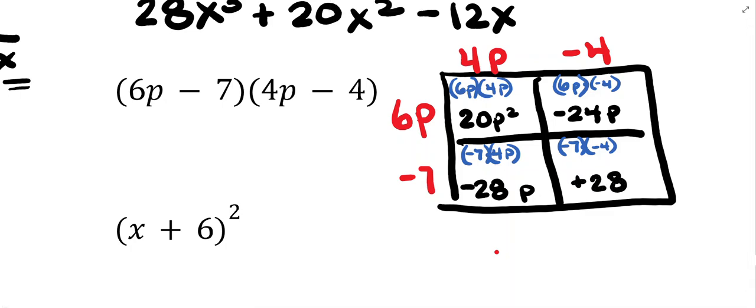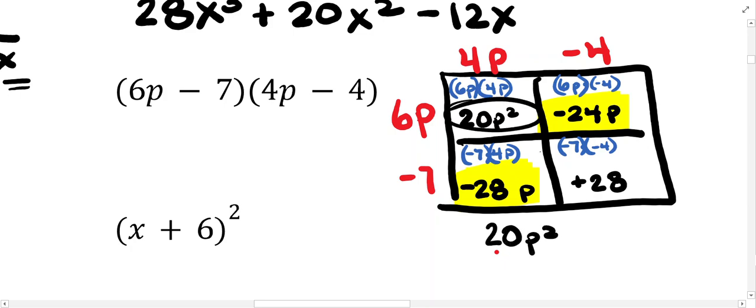The only ones that are like terms are going to be these two. So your final answer is going to be 20p squared. They're both negatives, so we need to add them and keep the sign: negative 28, negative 24, so negative 52p, and then lastly plus 28.